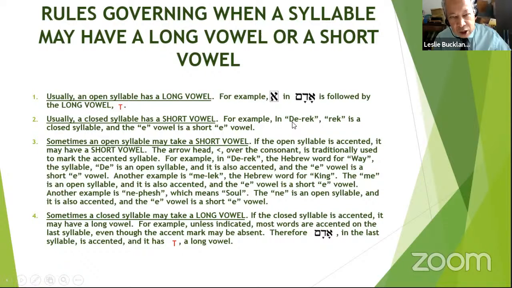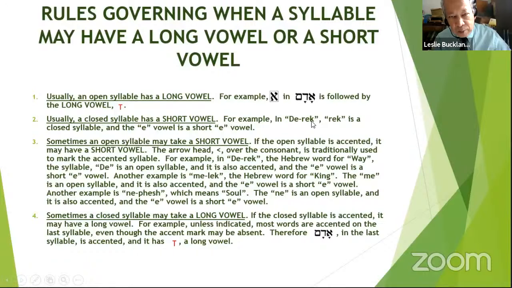There is the open syllable, consonant followed by vowel, Daleth followed by Segol, De. That's an open syllable. I've put the hyphen here to indicate that there is a breaking up of the word into two syllables.